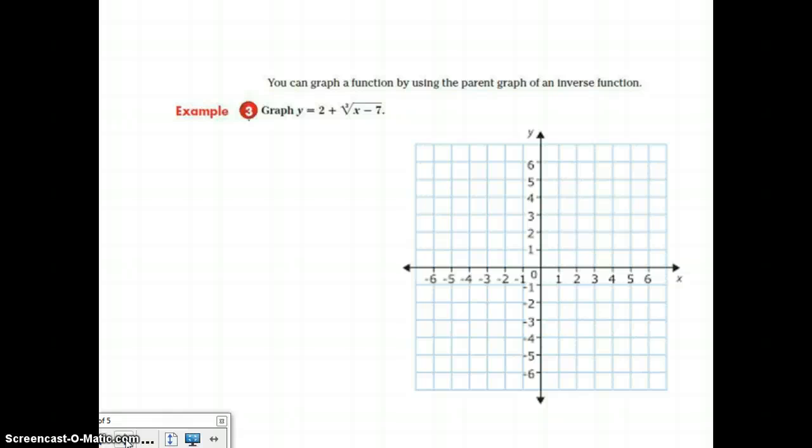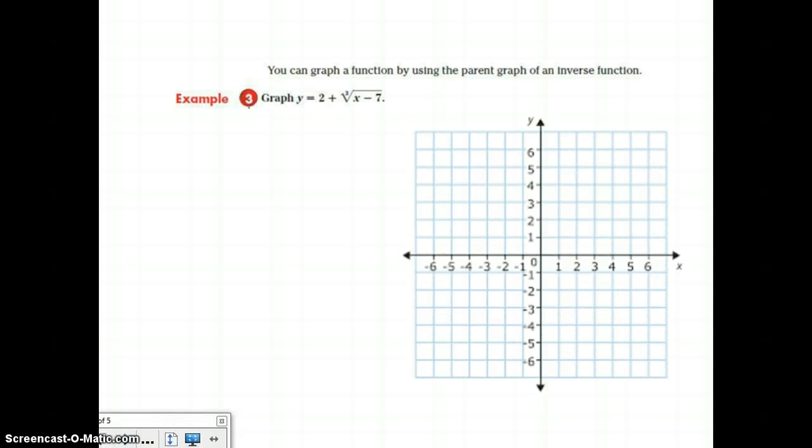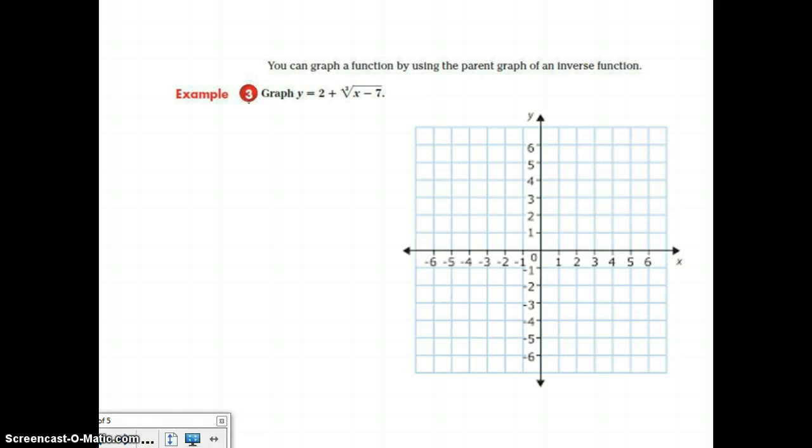Now, example 3, this is a little more tedious. It says you can graph a function by using the parent graph of an inverse function. Now, since we're using our graphing calculator, the truth is that you can go right ahead and put that in your calculator and graph it. If you're going to use the parent function, the inverse of the parent, here's what you're going to do.